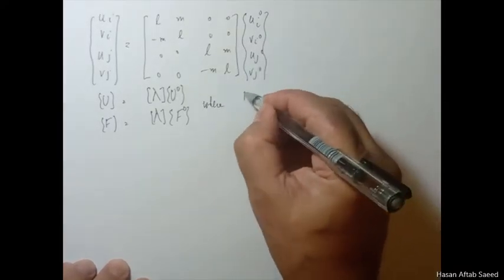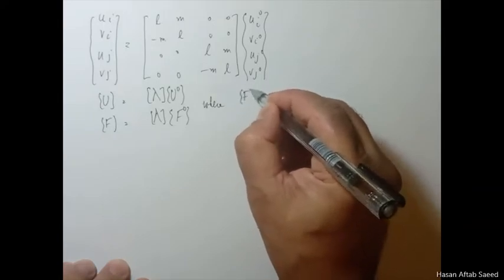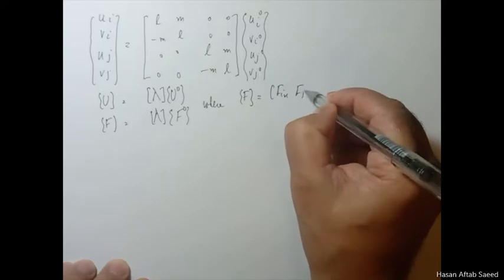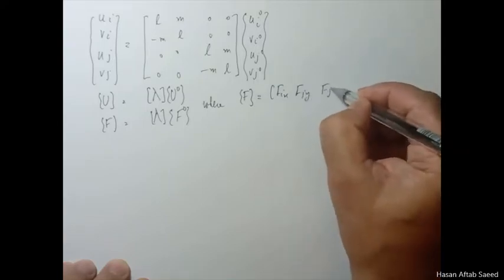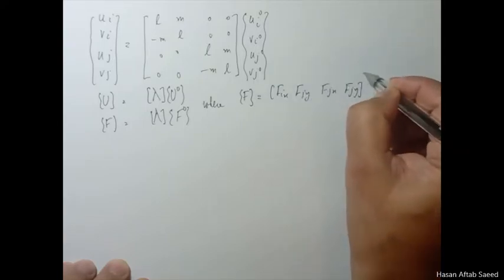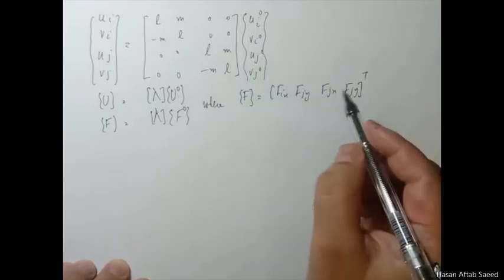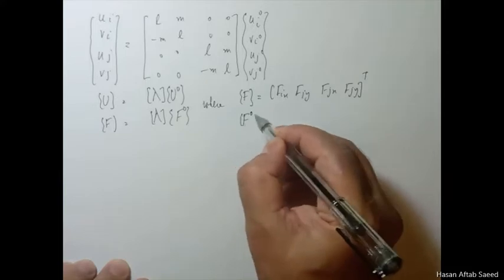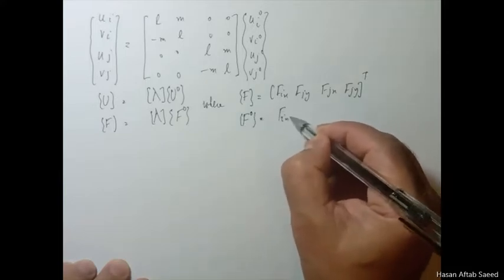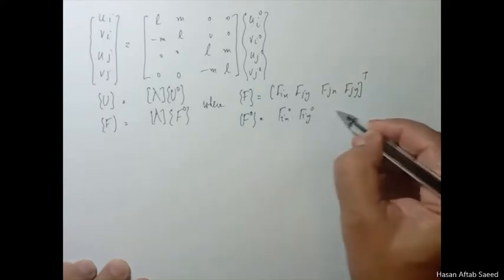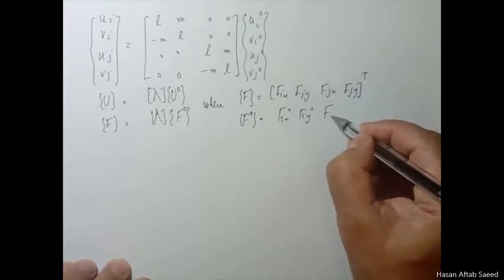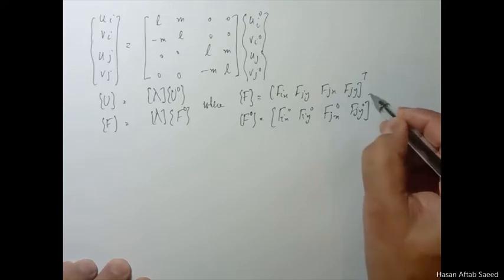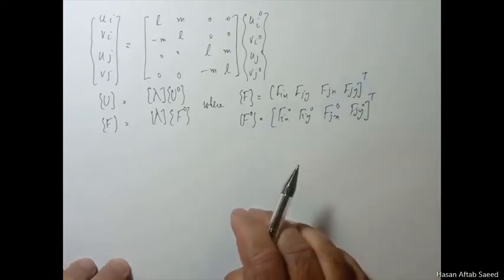So just for completion's sake, F, where F is equal to Fix, Fiy, Fjx, Fjy, these are the local forces in the local coordinate system, and F naught, Fix naught, Fiy naught, Fjx naught, Fjy naught. These are the global coordinates.